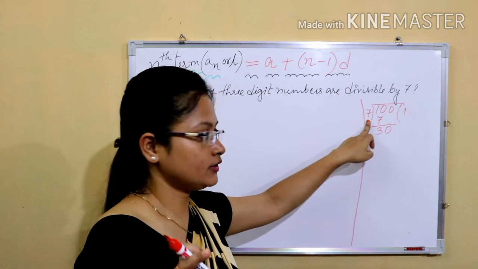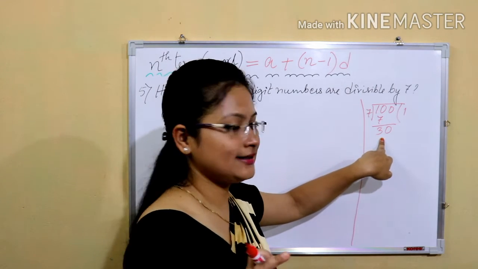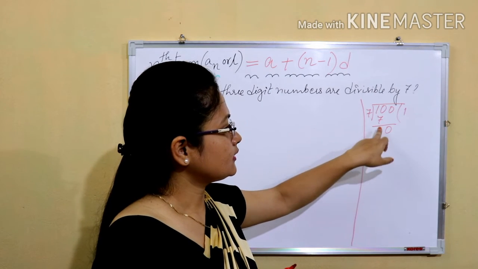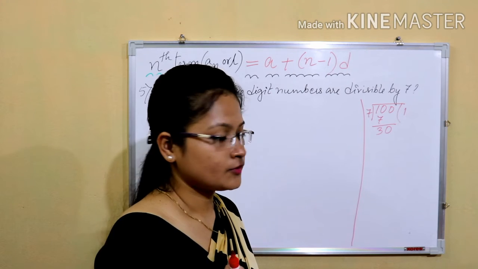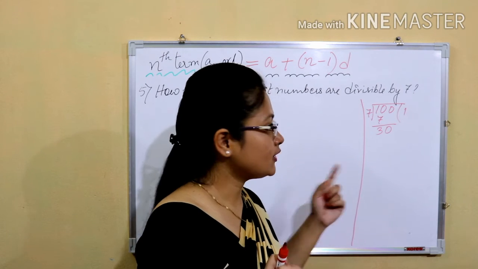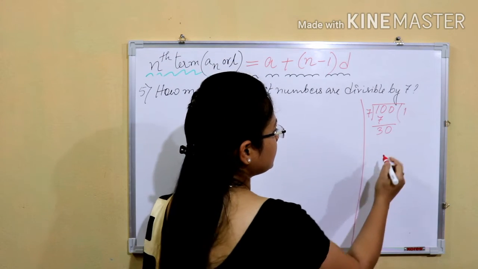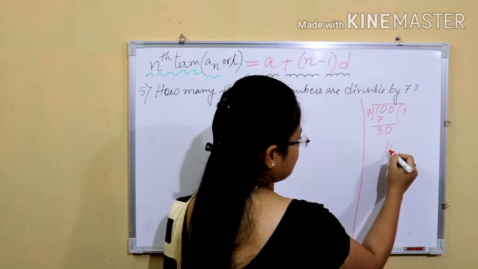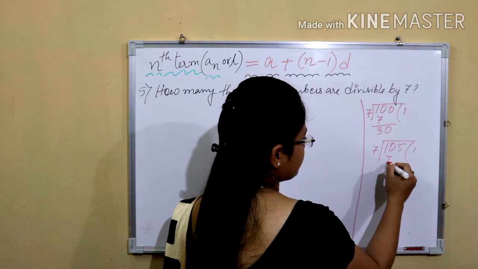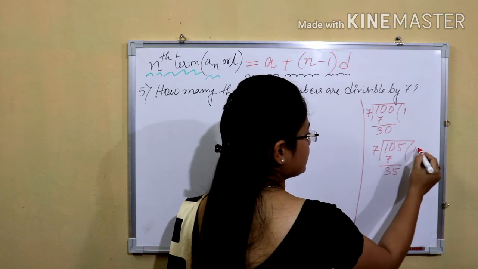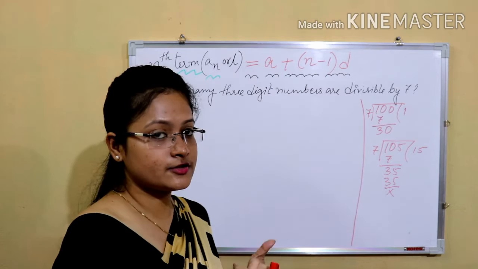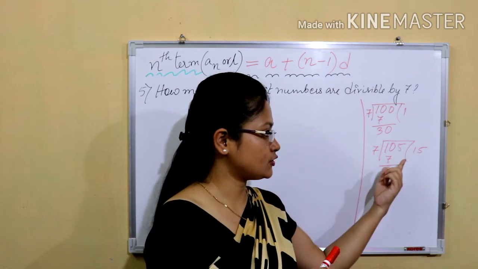So if it is 35, then the number will be completely divisible. In place of 100, let me write 105. 7 ones are 7, 7 fives are 35. Yes, it is completely divisible. The first 3-digit number divisible by 7 is 105.